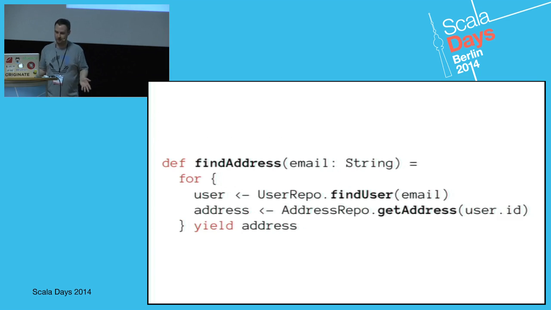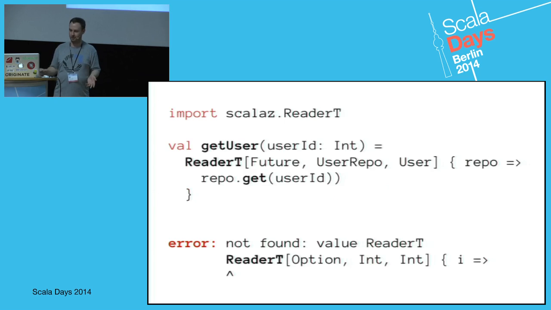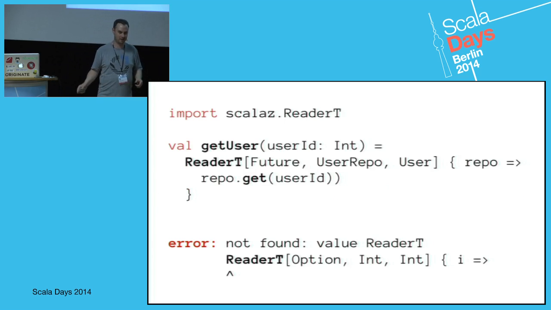So our findAddress, once again, just looks like this. One slight wrinkle, and as far as I know, this only applies to the reader transformer in Scalaz. It doesn't apply to any of the other transformers I know of, is that we can't just create this by saying ReaderT and trying to wrap a function, because it turns out that a ReaderT is the same thing as a Kleisli arrow.